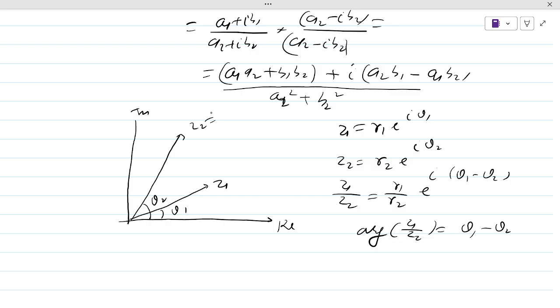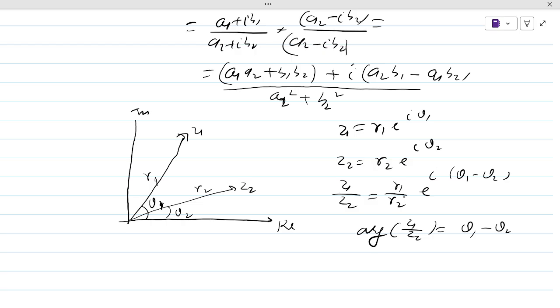It's interesting if I draw like this, otherwise we have to draw the negative side. Let's say this is z2 having argument theta 2 and modulus r2, and this is z1 having modulus r1 and argument theta 1.